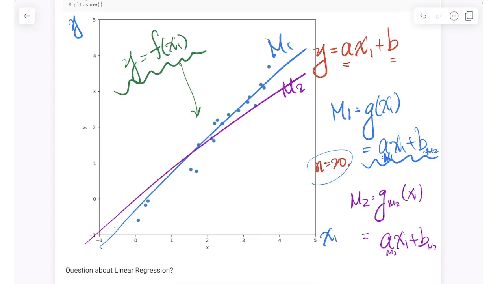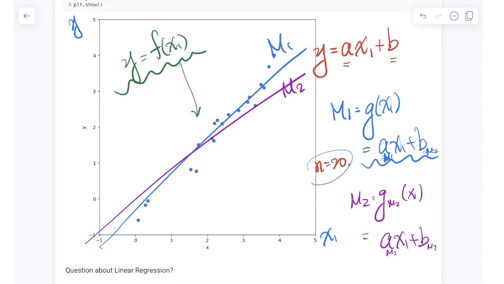But as I mentioned, human beings are very smart. If we take a look at these two lines, I think M1 is a better model for these 20 data points, because those points are better aligned with the blue line than with the purple line.